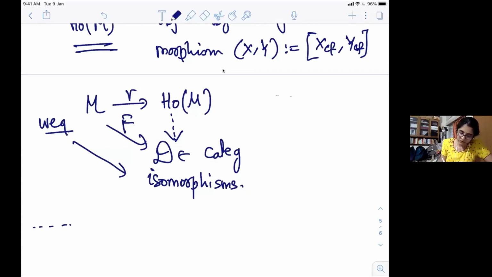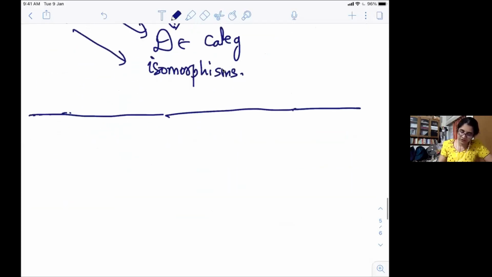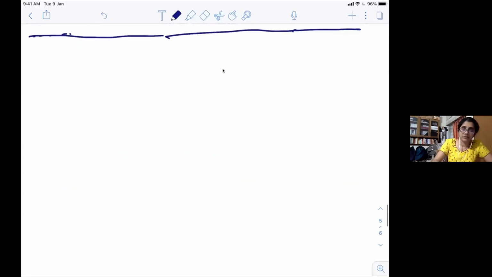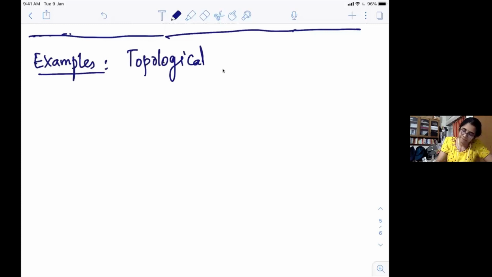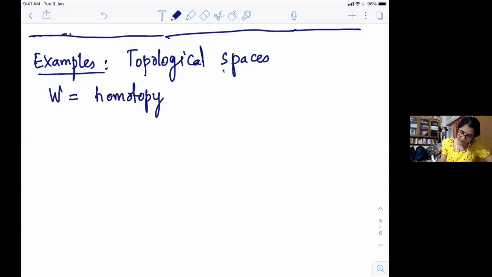Okay, so before we delve into any formal definitions, let's now actually do a couple of examples. So now let me talk about topological spaces, where my class of weak equivalences is given by homotopy equivalences. So a morphism is considered to be a weak equivalence if it's a homotopy equivalence.